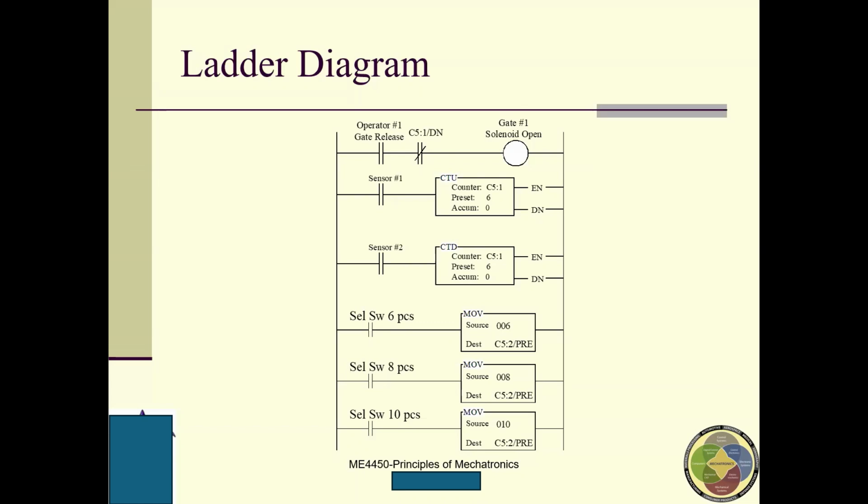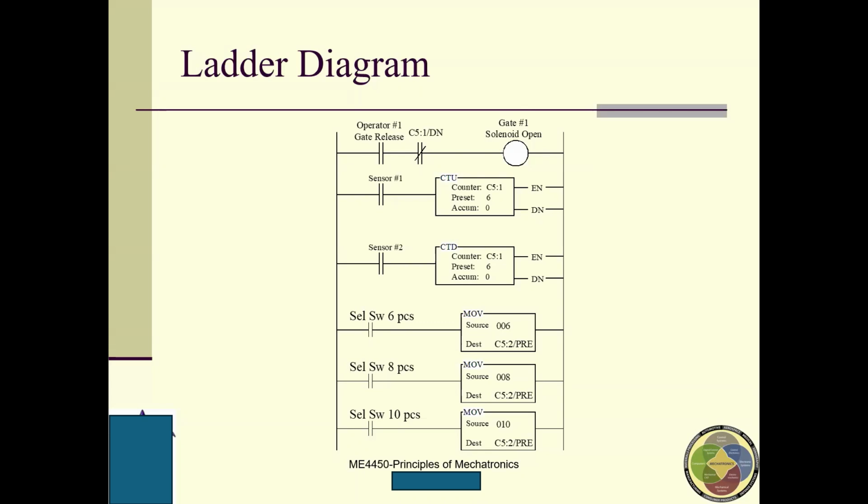Then as soon as it's counter up, the accumulated value will go up one, and will keep going up one until it reaches 6, and when it reaches 6, the done bit will be activated, which will cause this to open, which means it can't flow through the first rung anymore.